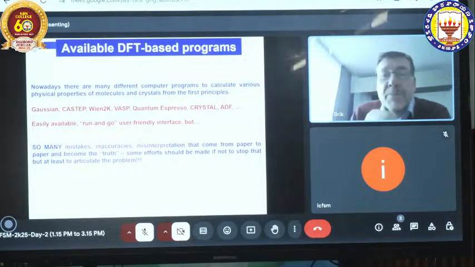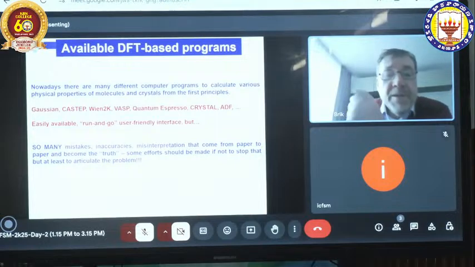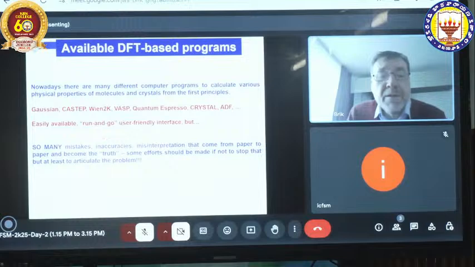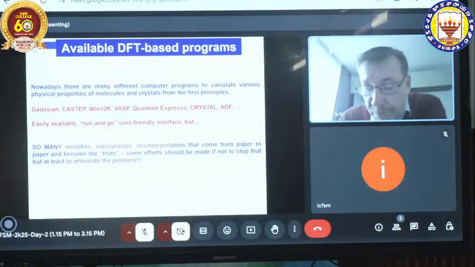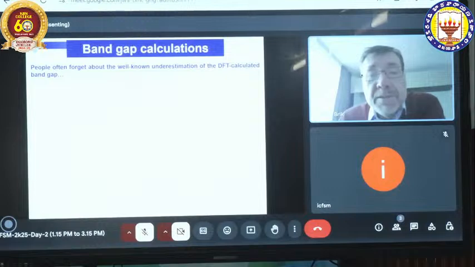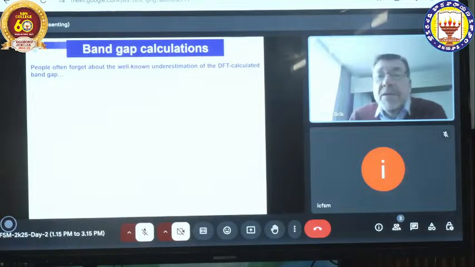which are reproduced from paper to paper, and then they become kind of, and I put this in quotation marks, truths because they are published and republished again and again, and somehow we have to understand what is wrong there. So here I show some examples. Okay, band gap calculations. People often forget that DFT cannot handle the band gap properly.